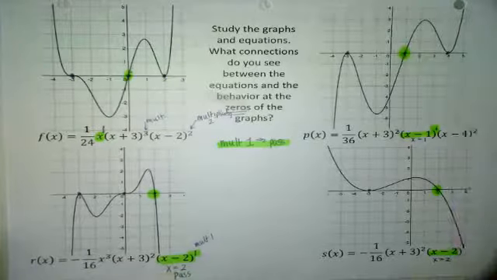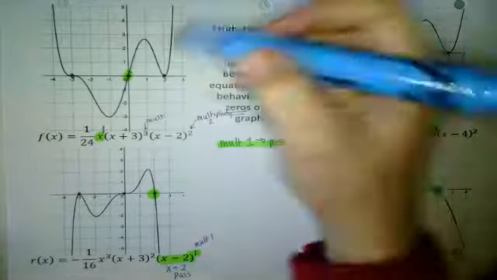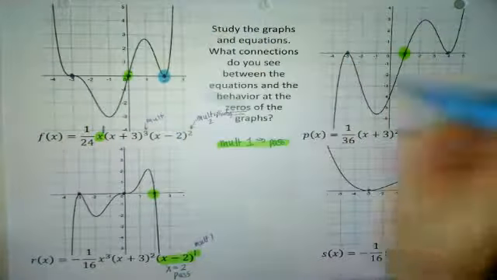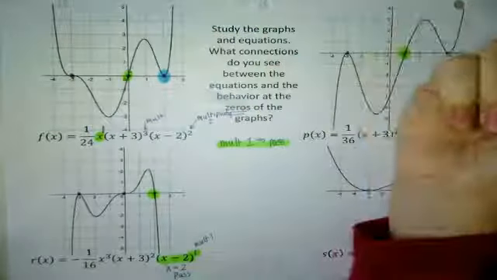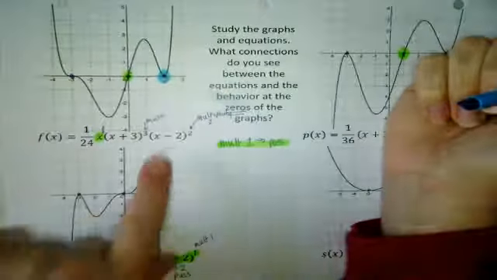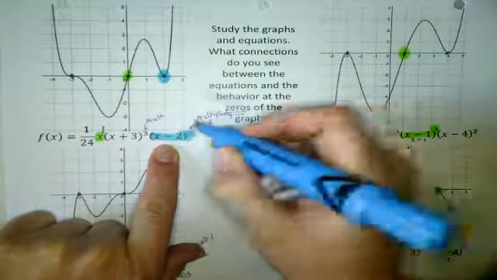Really interesting. The next thing that happens is you can see this little behavior where it's kind of bouncing off the axis. That happens at x equals 2, which is right here. So that's what's happening when we have a power of 2.